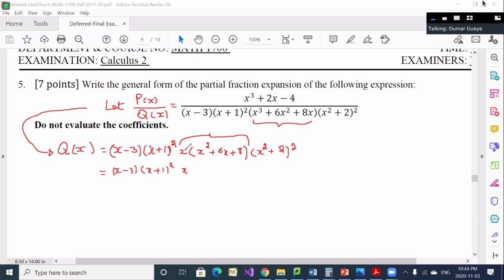Now I'm going to factorize this bracket, it's going to be x plus 2 times x plus 4, times x squared plus 2.